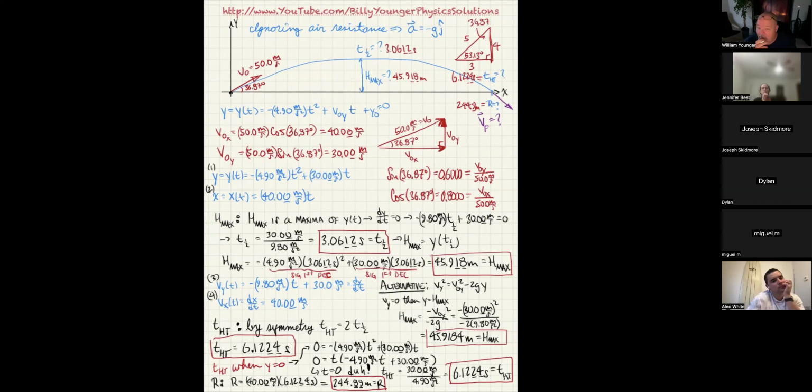And then in the remaining 0.0612, it's going to decrease by another amount. You know that that remaining amount is enough to take it down to 0. So it's changing from 30 meters per second upward to 0 in 3.061 seconds. What do you think it's going to change from in the second half where it starts off at 0? What do you think its final velocity would be?